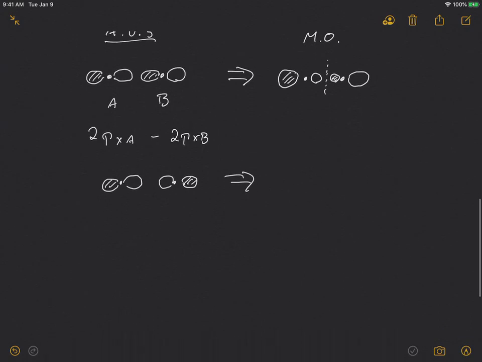And then we end up with this kind of molecular orbital where in between, since the signs are the same, we have this constructive interference. So we have this kind of expanded, larger lobe here that's in between the two nuclei. And we have smaller lobes on the outside. So this is showing some electron sharing in this region between the two nuclei, and this is a bonding orbital.